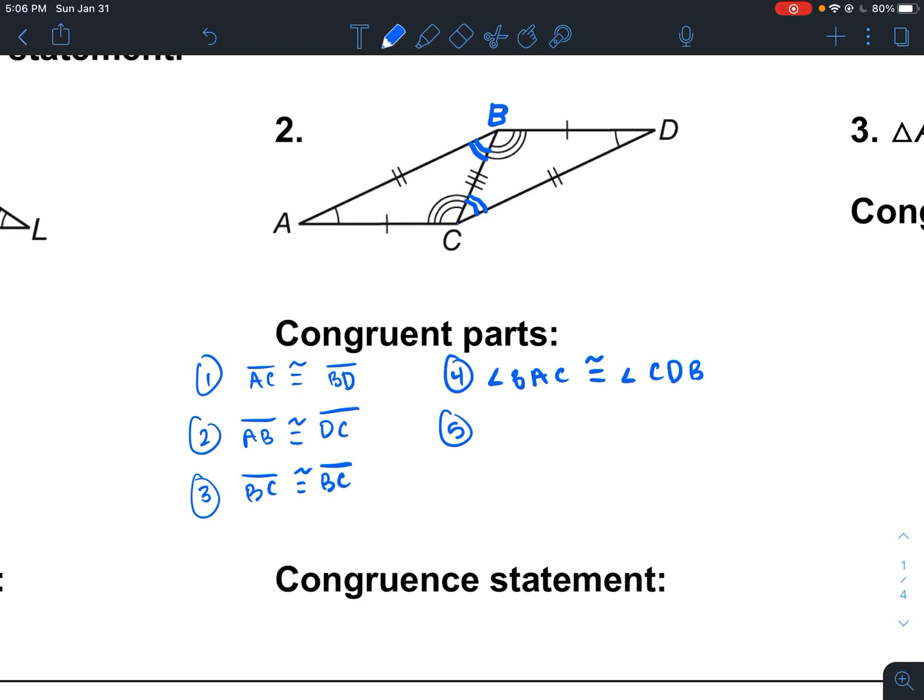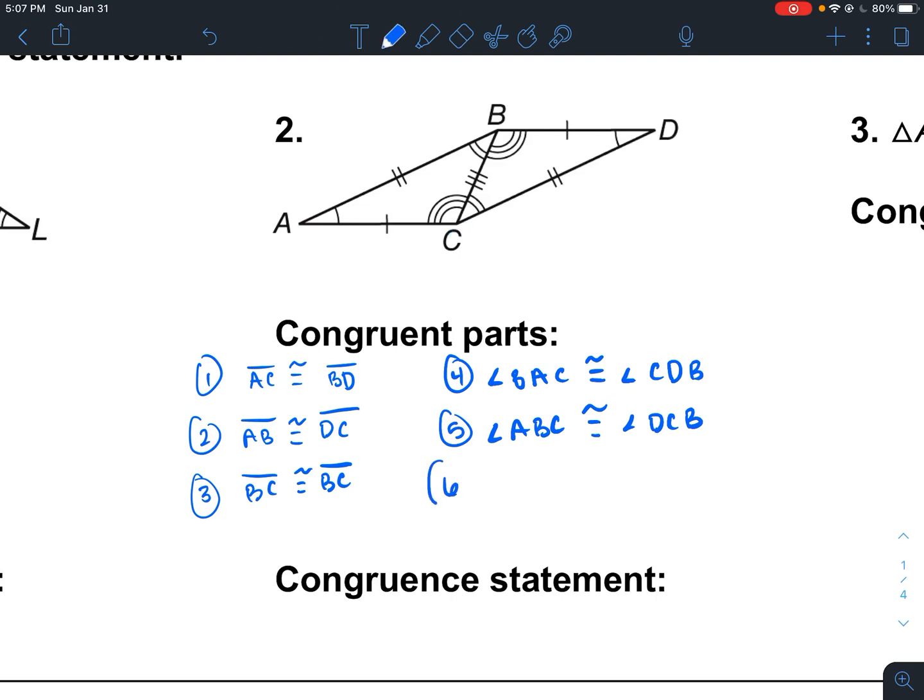So we're going to write angle ABC, and I'm writing that to go A, B, C. So this is the corner right there. So this is corresponding with angle DCB, because those are corresponding and congruent.